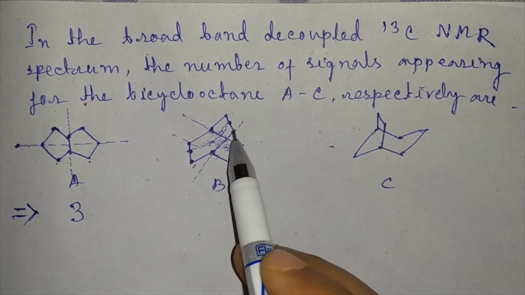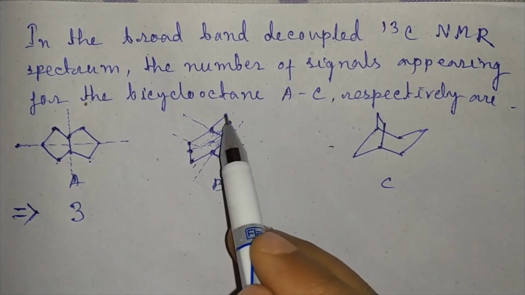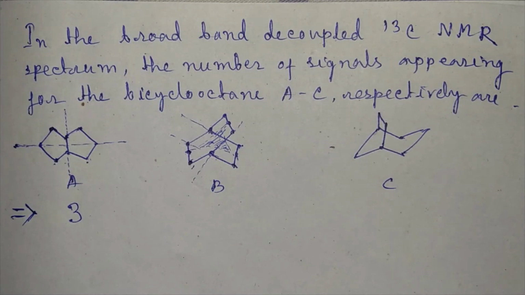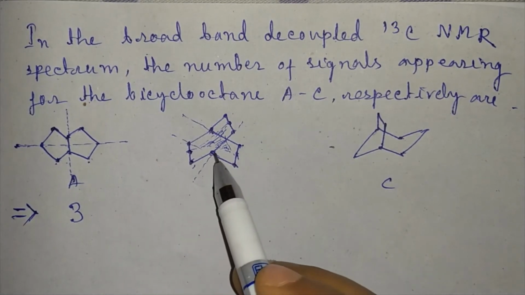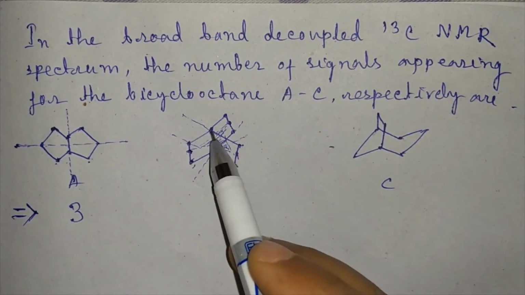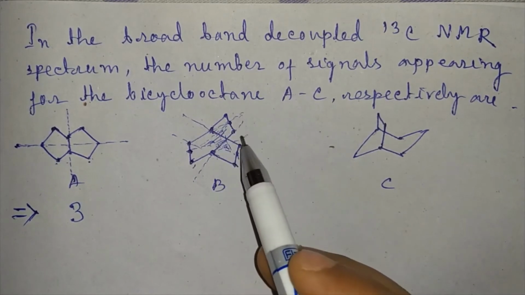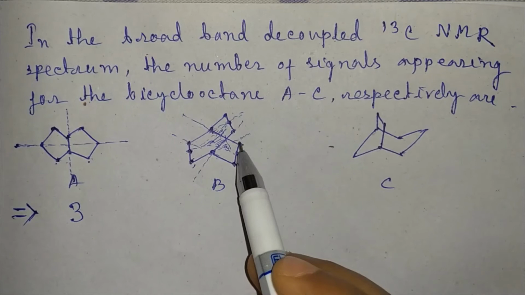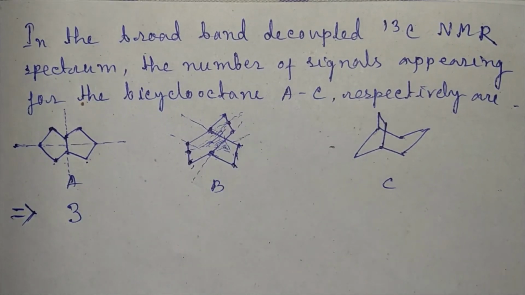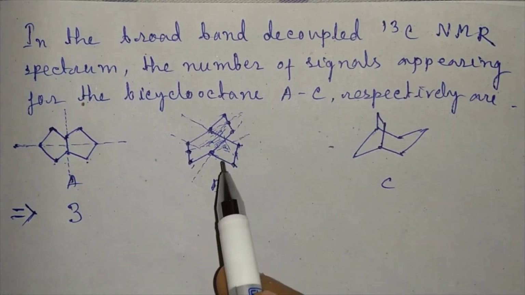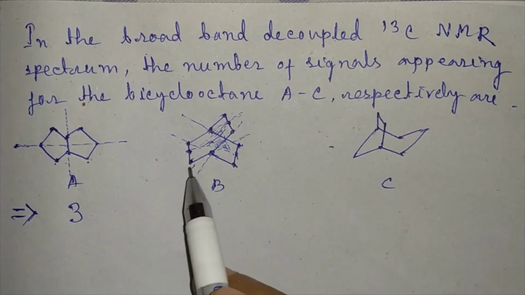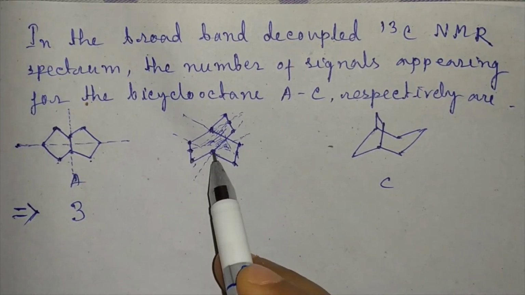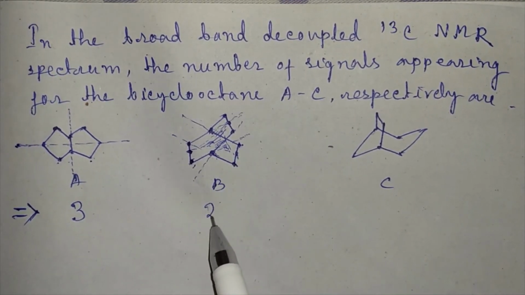So this carbon is equal, and this carbon is equal. And again we can pass a plane along this plane, so this and this carbon will be equal, this carbon and this carbon will be equal. So how many dissimilar carbons are here? Only 1, 2. So 2 signals will appear for this molecule.